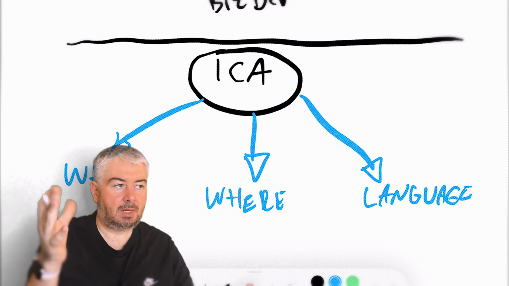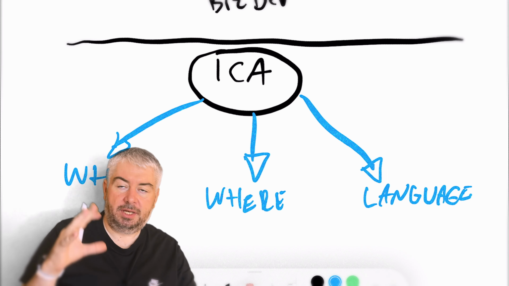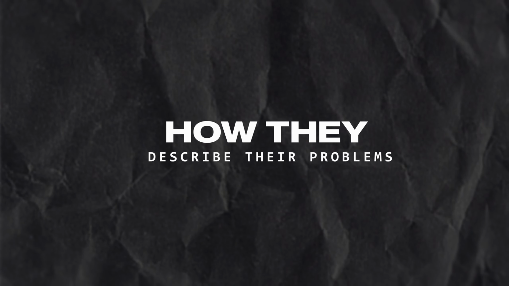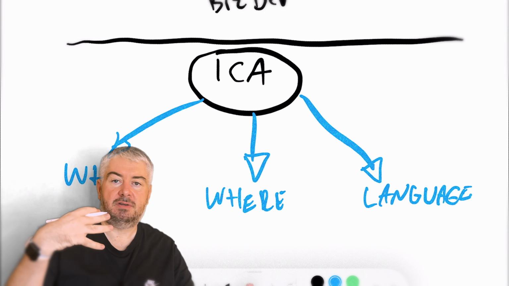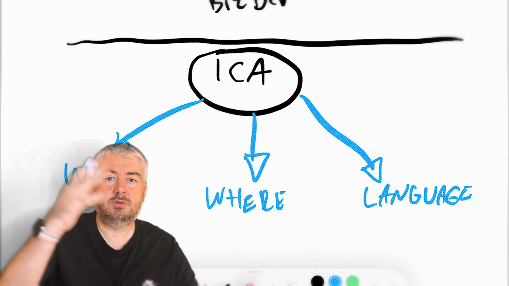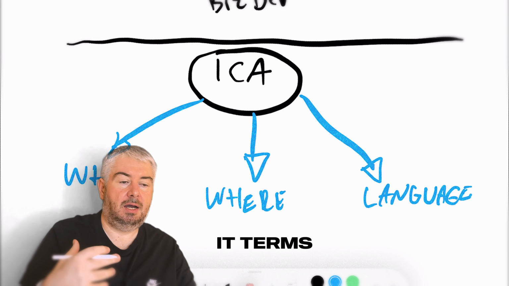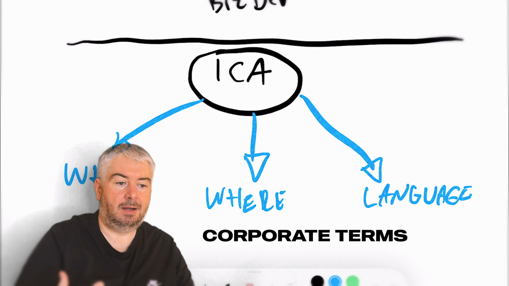Now, another word that I need to find a better one. We need to understand how they describe their problems, how they describe their solutions, if they have a specific vocabulary that they're using. IT people use a lot of IT terms. Corporate people use a lot of corporate terms.